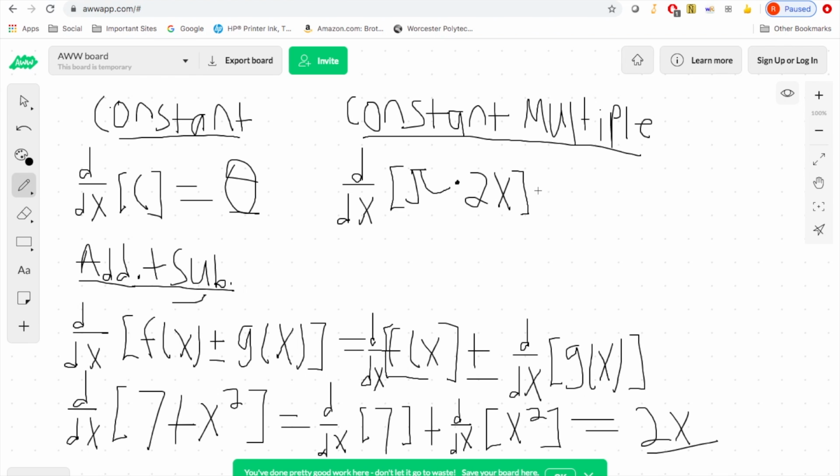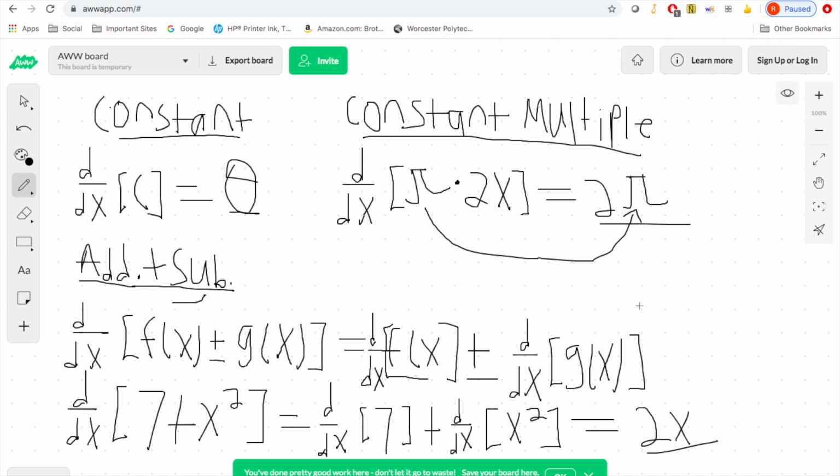For 2 pi x, it's just going to be 2 pi. And the reason for that is because this constant just sticks in front of the derivative of the second term. So say you have a constant times a polynomial or some other term, take the derivative of that other term, and bring the constant in front and multiply the two. And that's why the derivative of pi times 2x is going to be 2 pi.